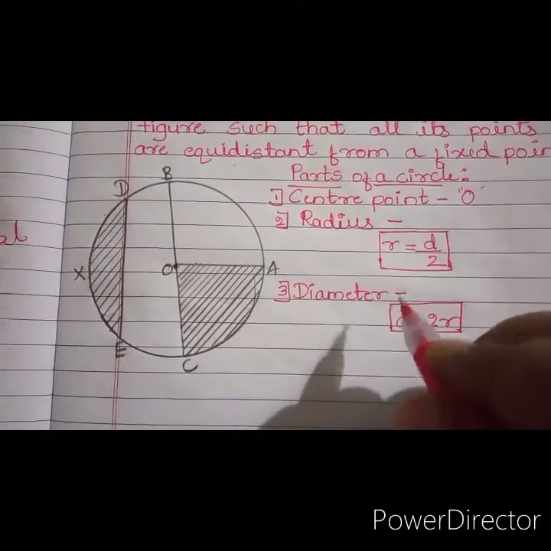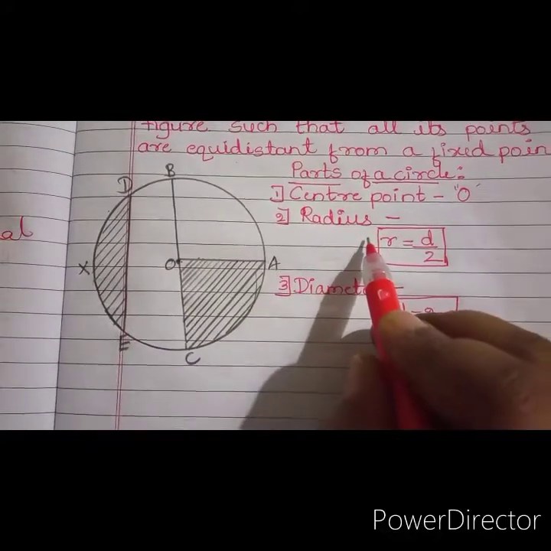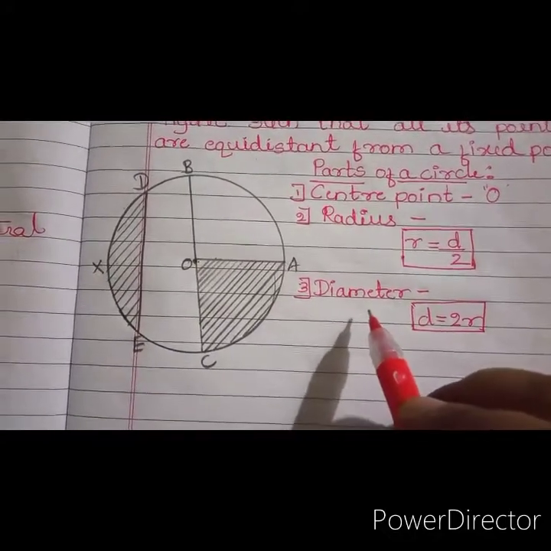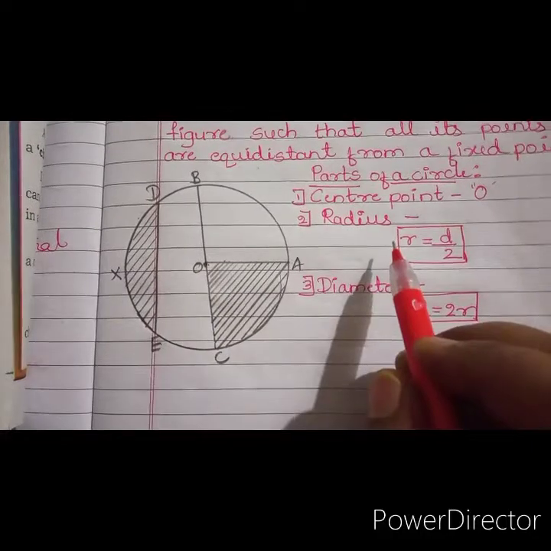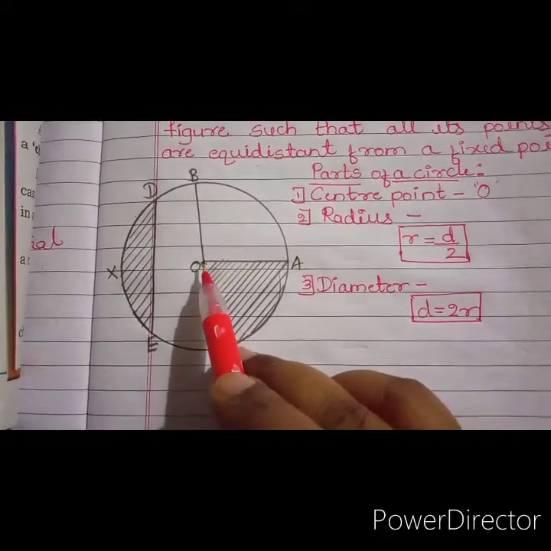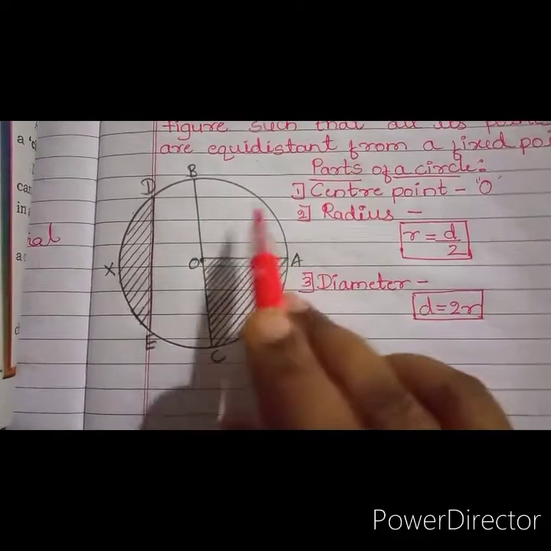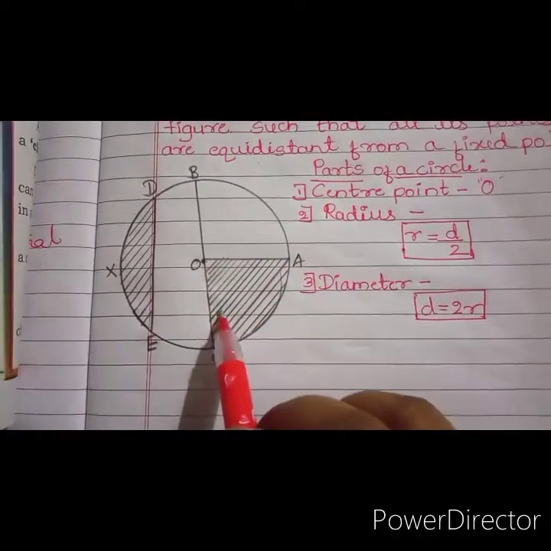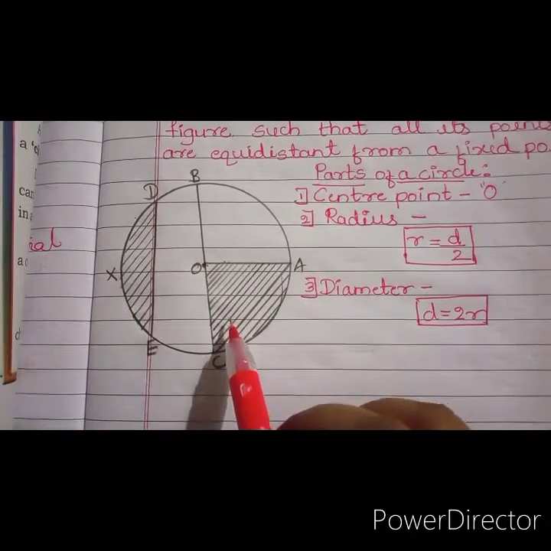And the second one is radius. So what do you mean by radius? The line segment joining the center to any point on the circle is called the radius of the circle.